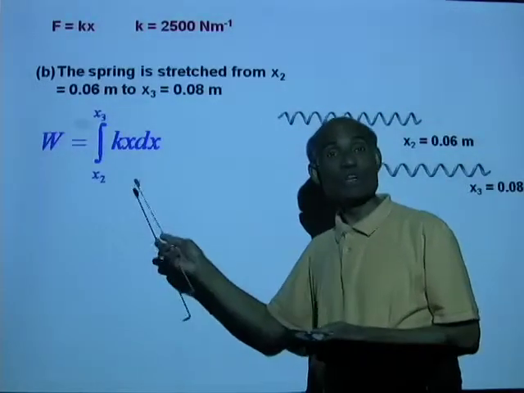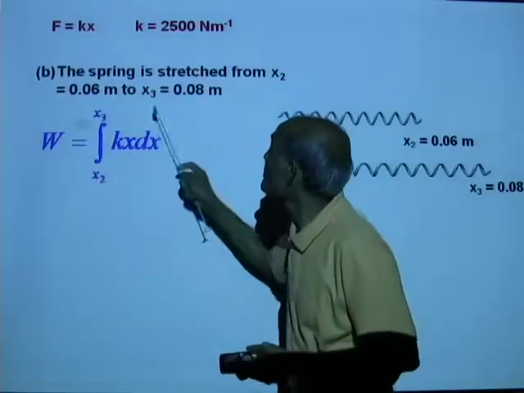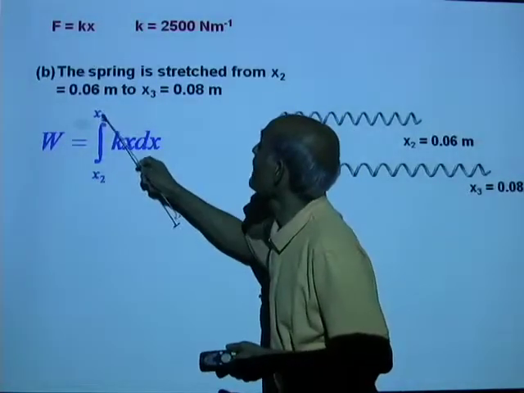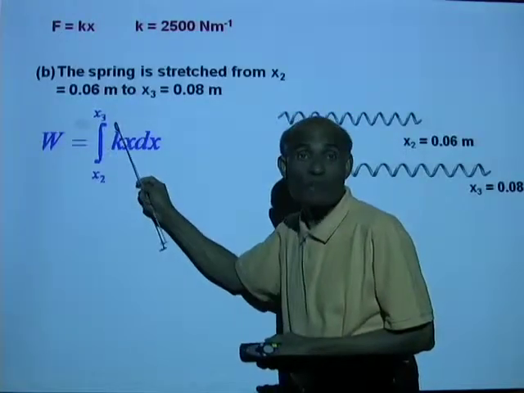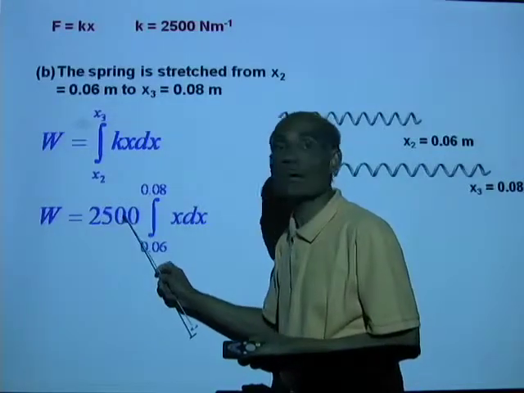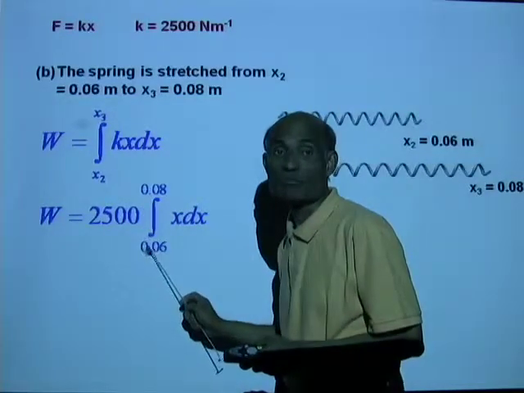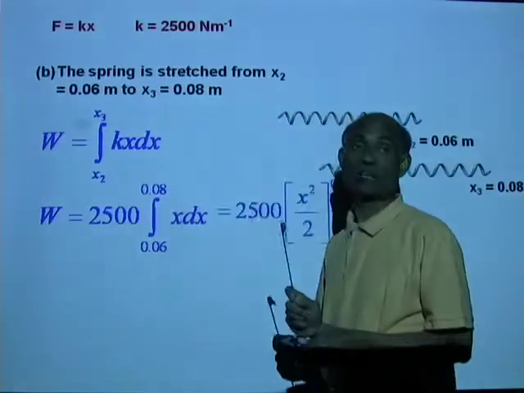Therefore, we can still use the same equation, but your x2 is 0.06, x3 is 0.08, your k value is the same, is that right? So that will be W equal to 2500 integral 0.06 to 0.08 x dx.